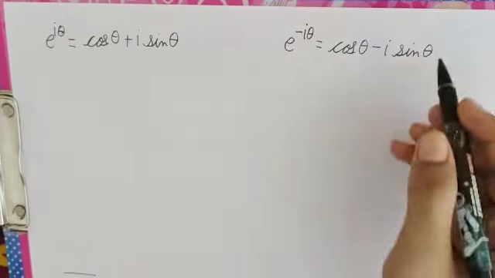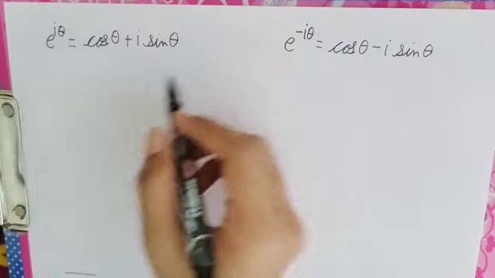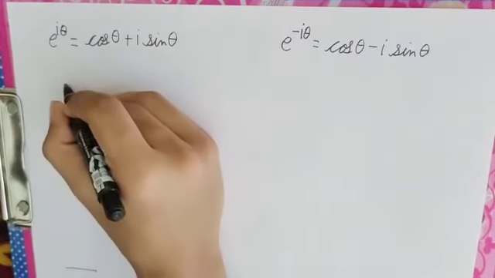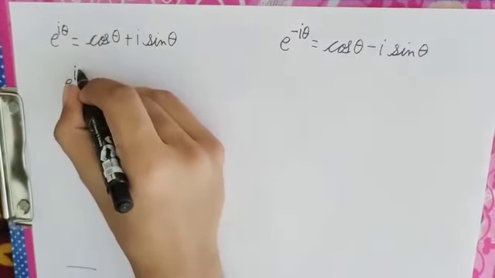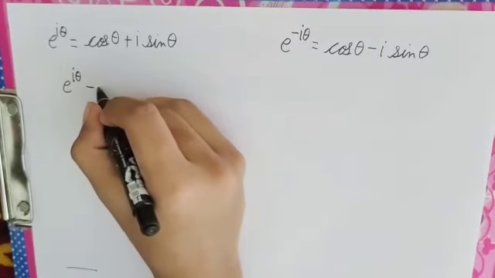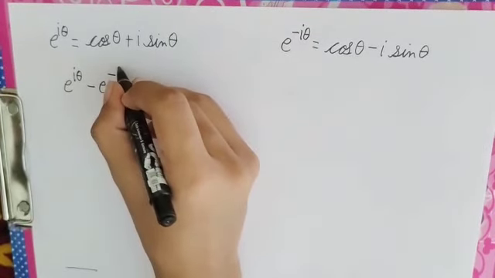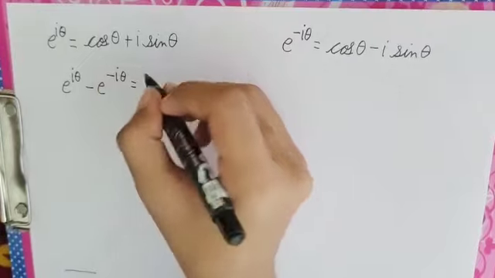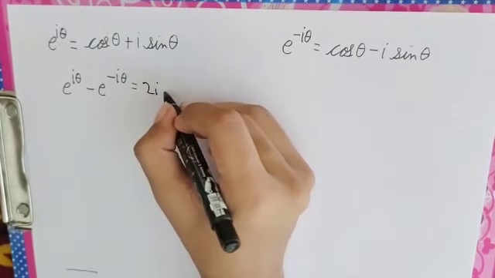Now subtracting this equation from this equation, we get e^(iθ) minus e^(-iθ) is equal to 2i sin θ.